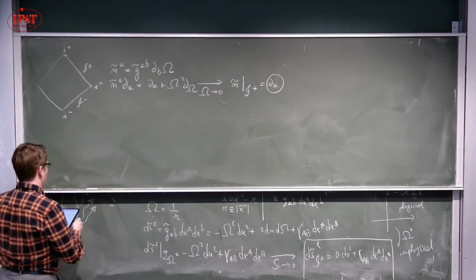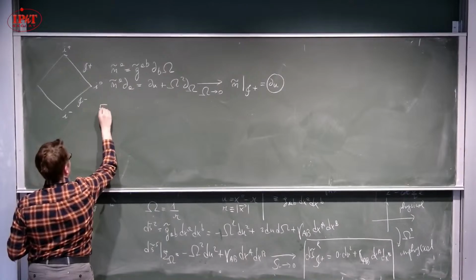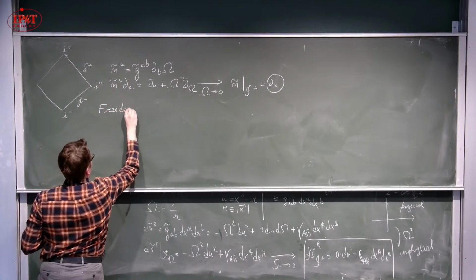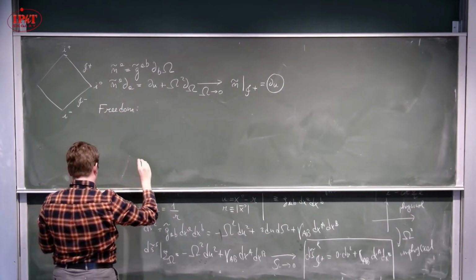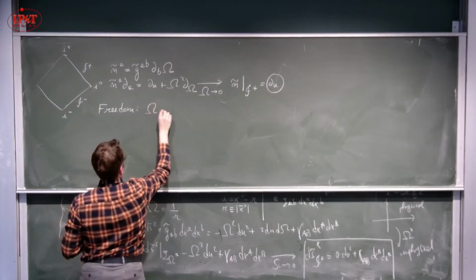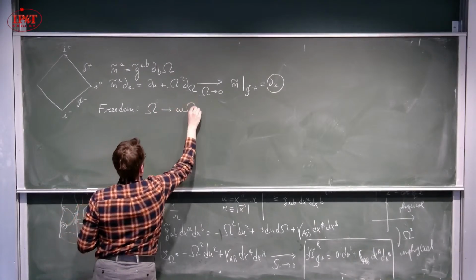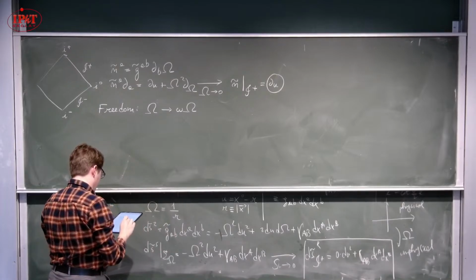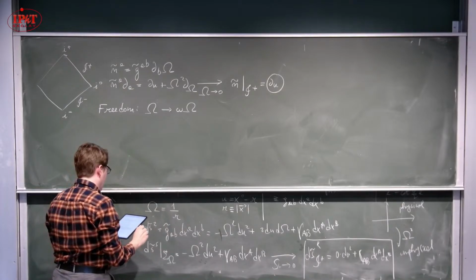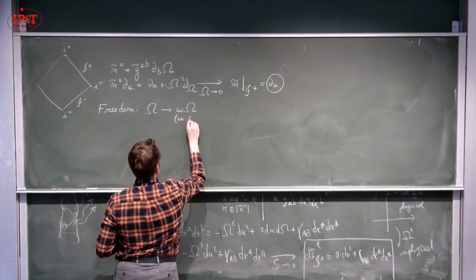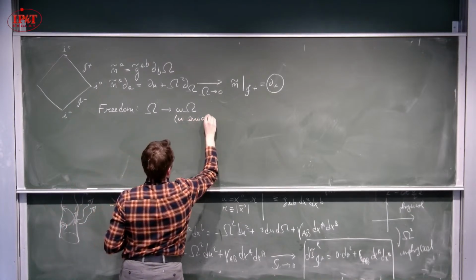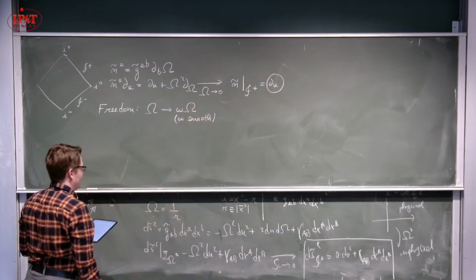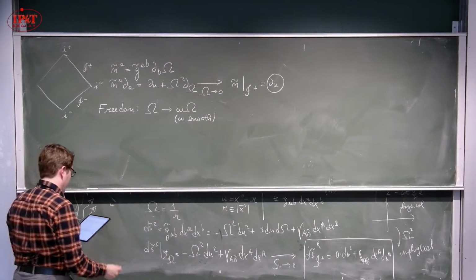So there is ambiguity, or freedom. Suppose I redefine capital omega as capital omega times lowercase omega, provided that lowercase omega is smooth, in particular it doesn't diverge.